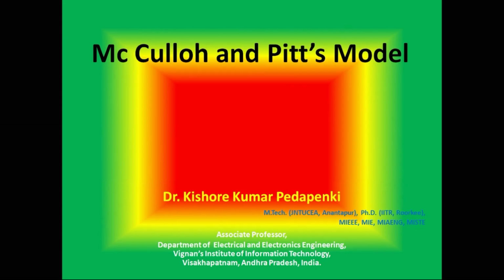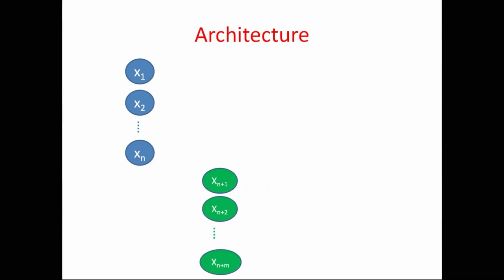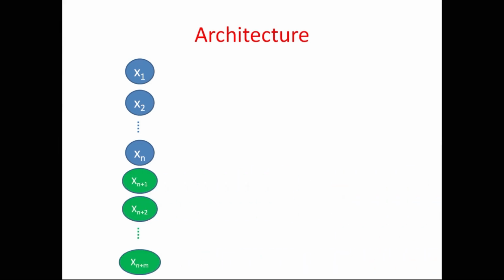Let us see what this model tells us. First we need to see the architecture. The architecture is like this. Let the input neurons be x1, x2 and so on up to xn, then xn plus 1, xn plus 2 and so on up to xn plus m.